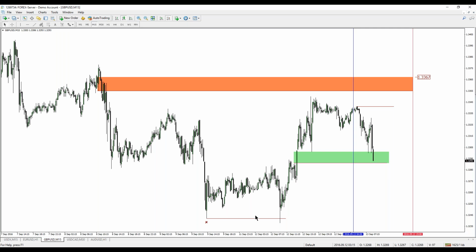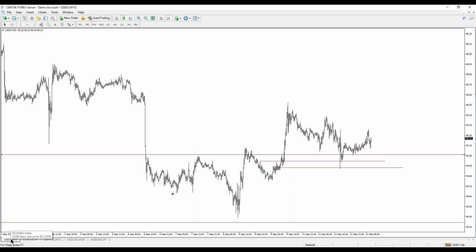We've already had a stop run down here. With the market in consolidation like that, there we go. Right here in the order block is down here. Let's see what dollar's doing. Not much.